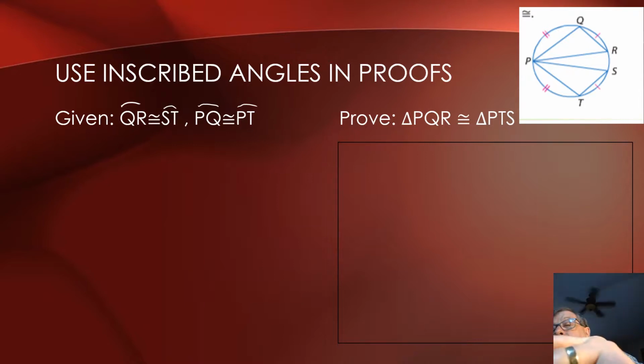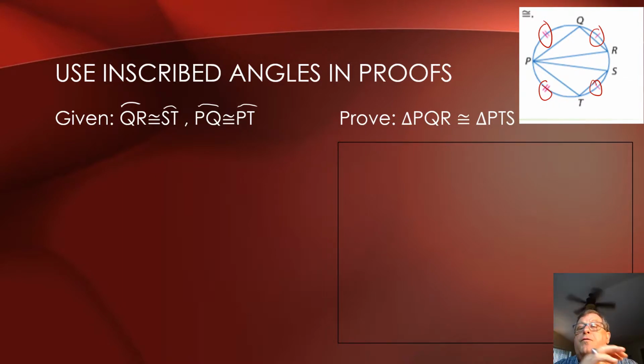Okay, well, here's arc QR right there, and arc ST, and we can see they both have the congruency symbols. And then arc PQ, which is here, is congruent to arc PT. We see that also with the double congruency. All right, so they are congruent.